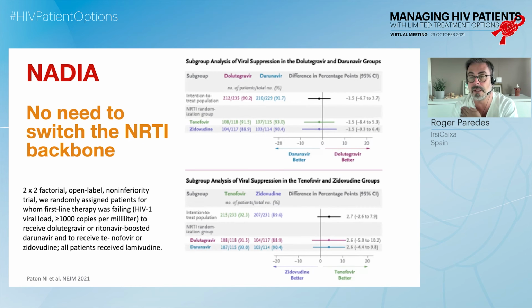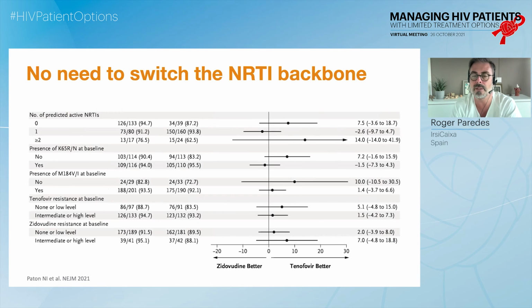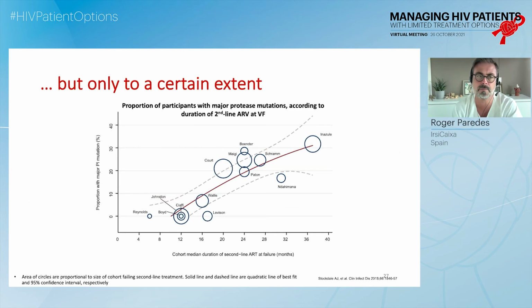And what they showed was that dolutegravir performed equally well as darunavir, but also even in the presence of tenofovir resistance, it was not needed to switch to AZT. And again, tenofovir did equally well as zidovudine, even in the presence of M184V or K65R at baseline.